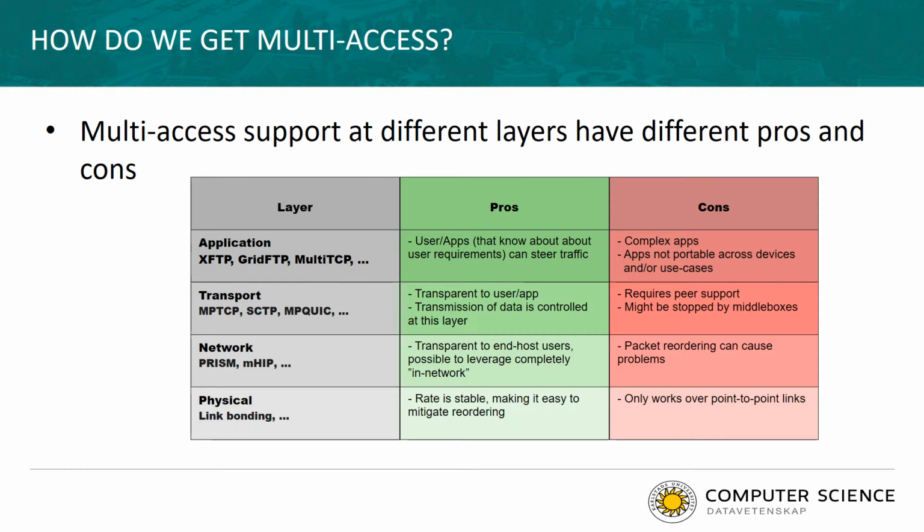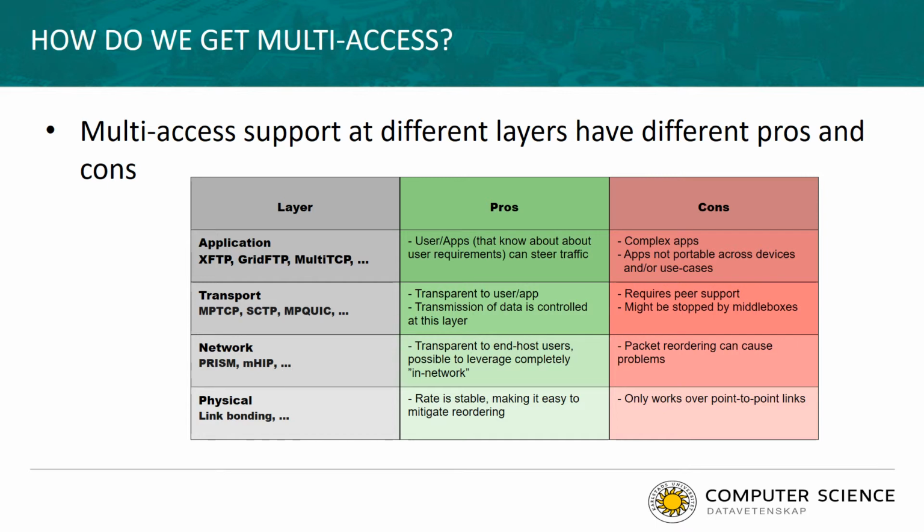You may also have the support at the network layer. Again, this is transparent to the end host users, and it can also possibly leverage completely in-network solutions. But if you now transfer packets over multiple paths in the network without having knowledge of how these packets or flows relate to your applications, you may have problems with packet reordering.